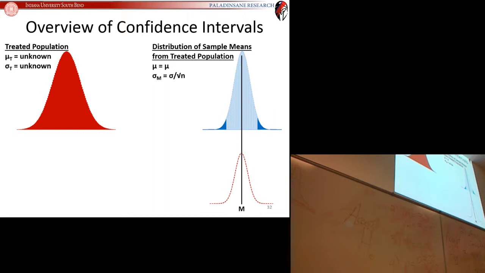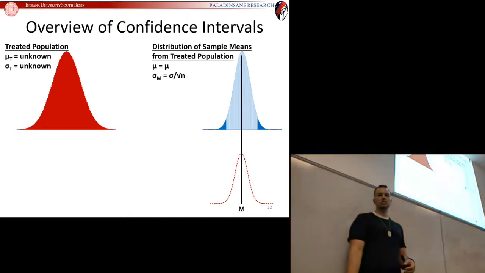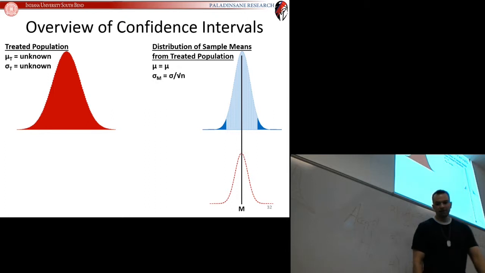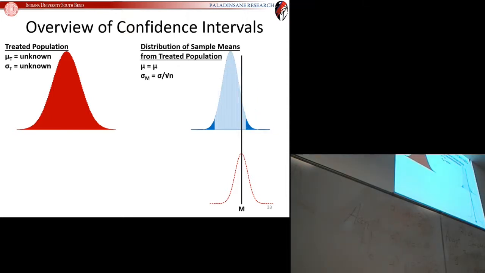This distribution of sample means has the same mean as your population. So we're basing this on the relationship between the sample and the distribution of sample means. Before we zoom in, just to set up the situation, as before, we don't know whether our treated sample comes from the center of our distribution of sample means, or from the edges.